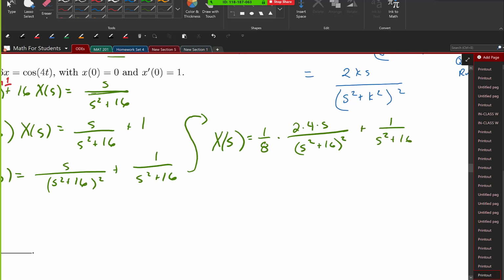So, folks, what did I do there? I wanted to get the number 2 times 4 up there, so I put 2 times 4 there, and then I put divided by 8 right there to compensate.